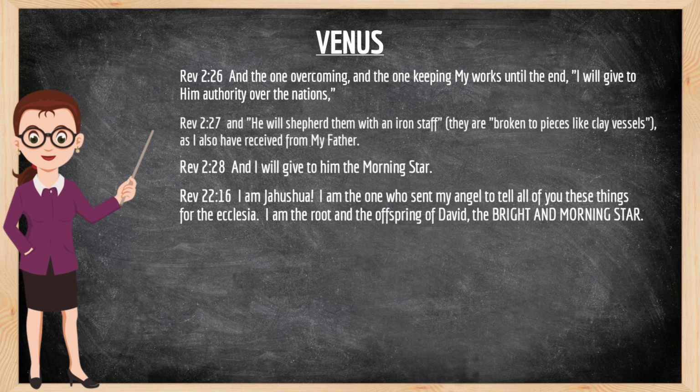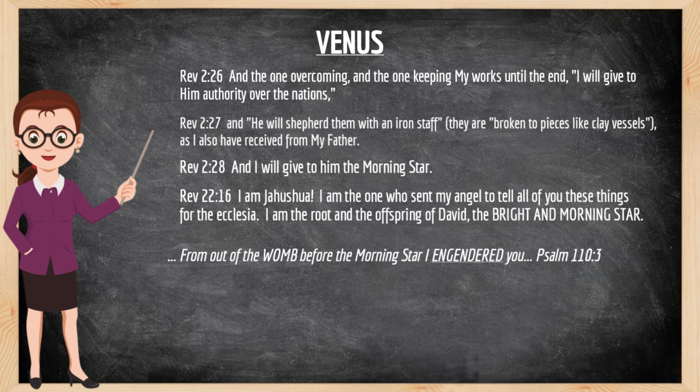"I am Yahshua. I am the one who sent my angel to tell all of you these things for the ecclesia. I am the root and the offspring of David, the bright and morning star." "From out of the womb, before the morning star, I engendered you."